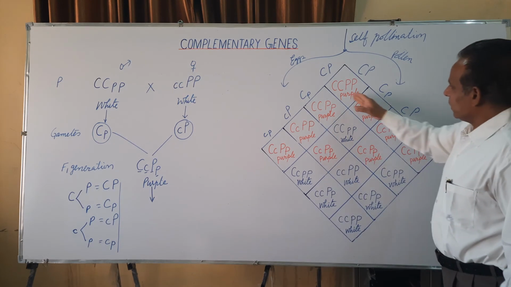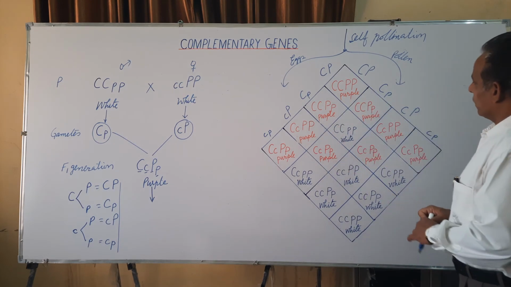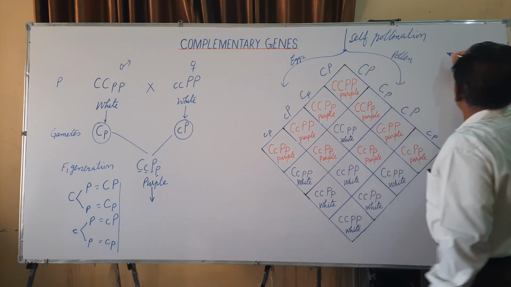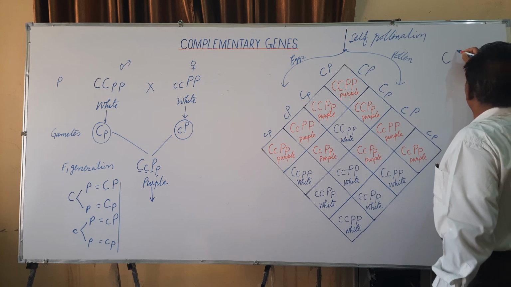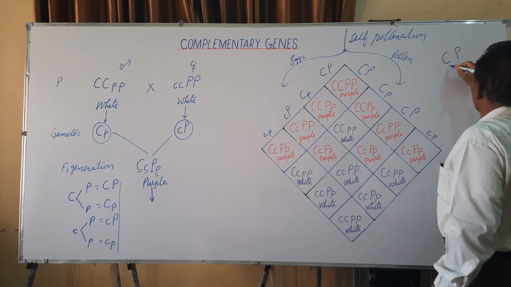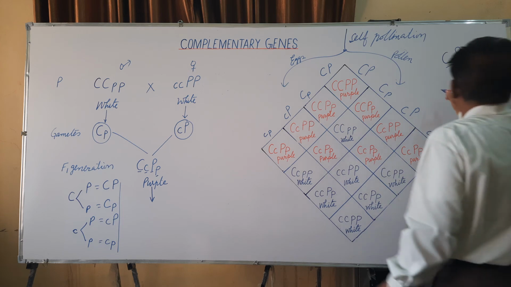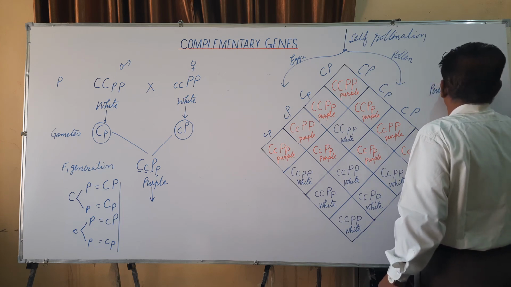Out of these 16 combinations, 9 possess both capital C and capital P, meaning dominant C and dominant P, so they give rise to the purple color of the grain.